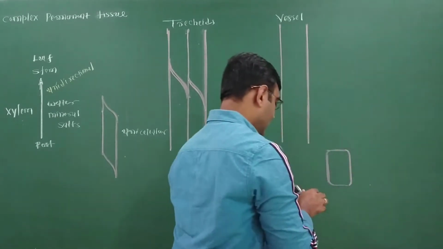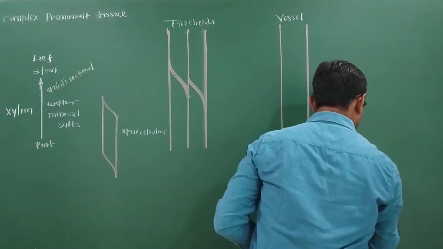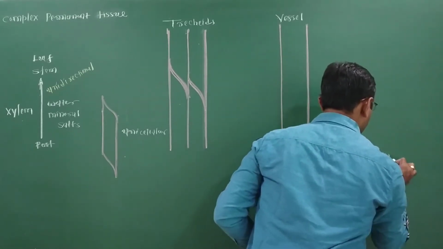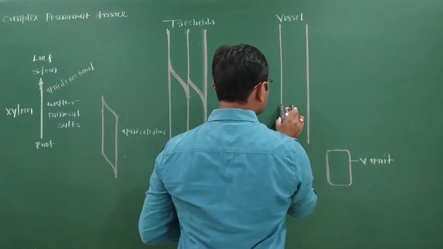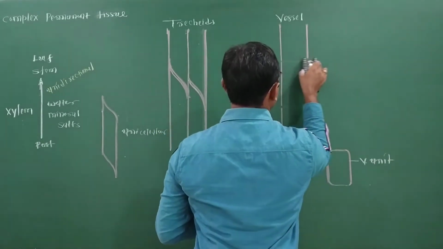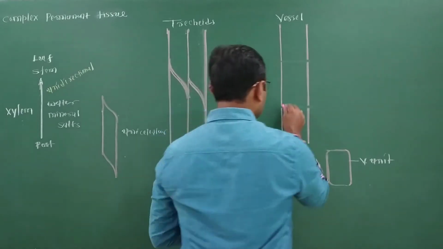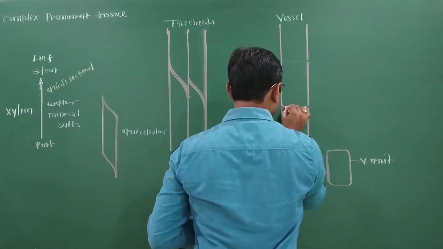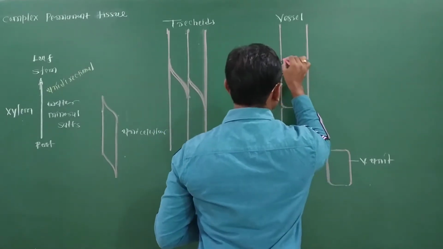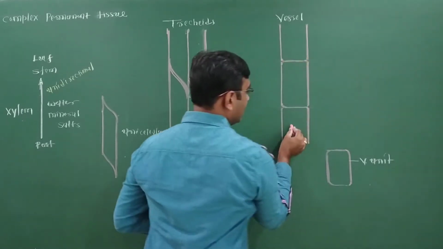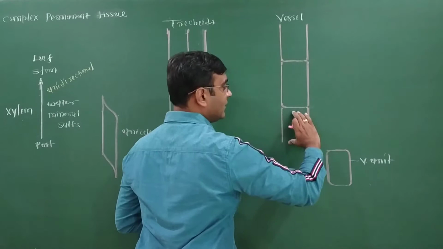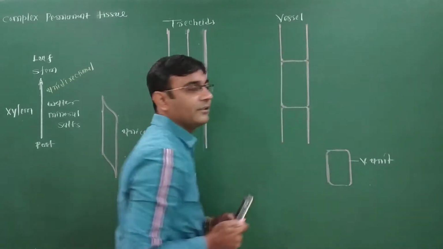What is this structure? This is a vessel unit. Vessel units are arranged one above another. This is one vessel unit, this is the second vessel unit, third vessel unit.